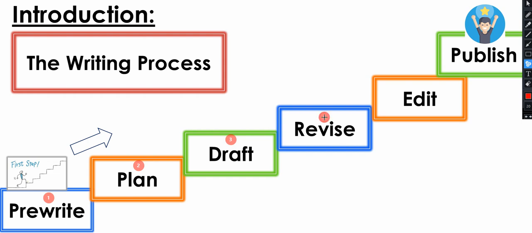Then we revise. Then we edit, and lastly we publish. And we are so happy to do our job and to publish our story so that the readers can enjoy it. So again, the 6 steps are pre-write, plan, draft, revise, edit, and publish.